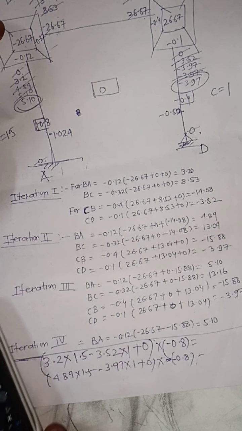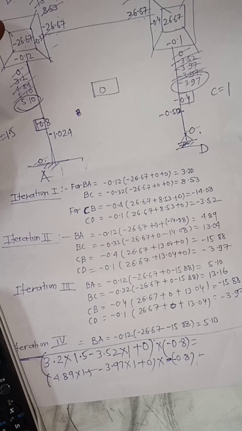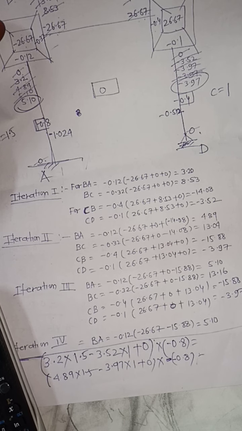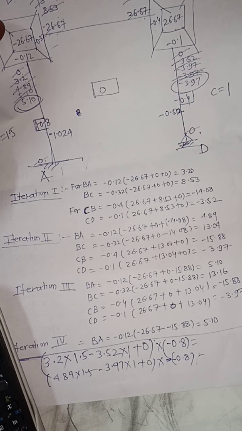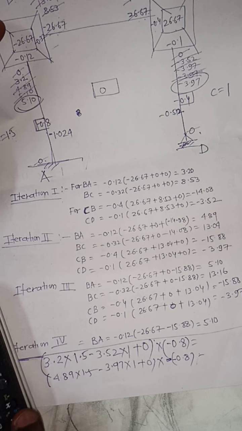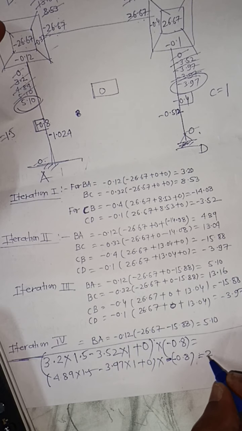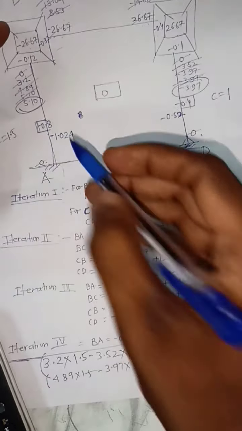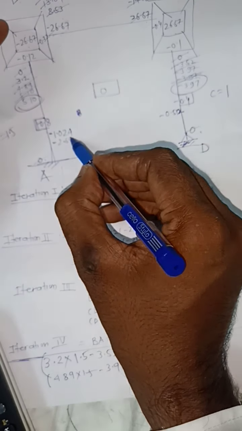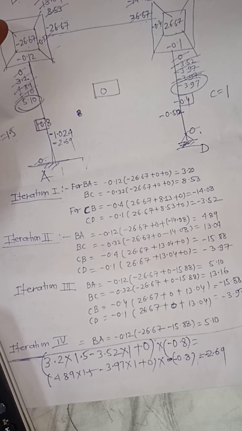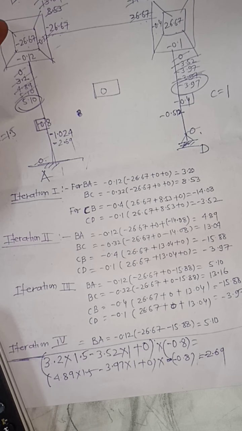So let us see that. 4.89 multiplied by 1.5 minus 3.97 into 1, multiplied by minus 0.8, equal to minus 2.69. So here it will be minus 2.69. Divided by minus 0.8, so this comes to 3.37.